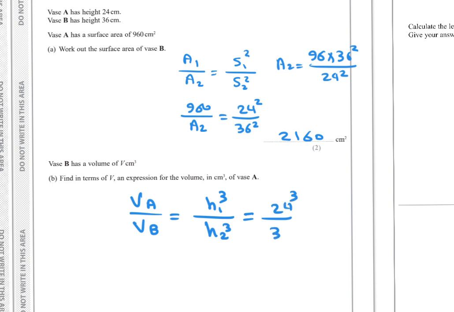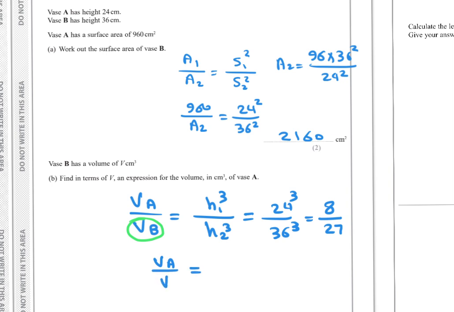Height 2 is 36, so 36 cubed. We can find the ratio in the simplest form using your calculator, which equals 8 over 27.